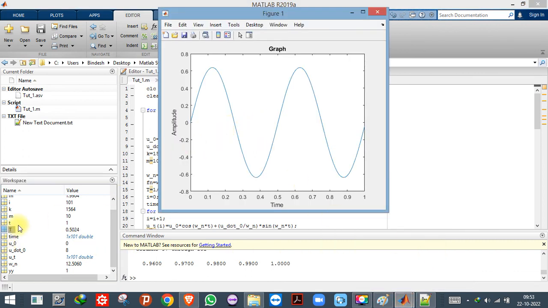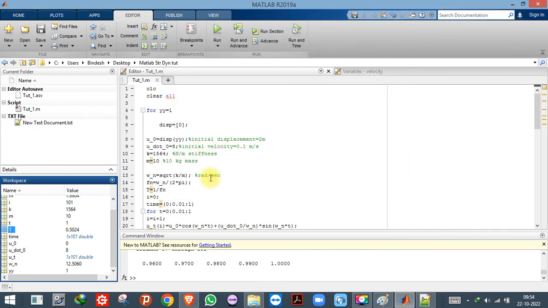See how much time is required to complete 1 cycle. One cycle is getting completed in about 0.5 second, which is visible here, and the second cycle is also getting completed over here. So there are 2 cycles. This is how the system is vibrating.